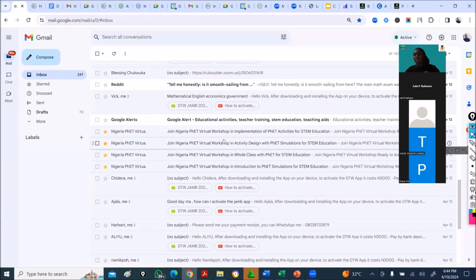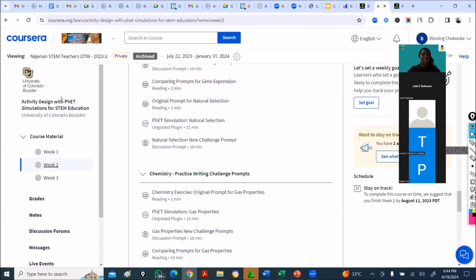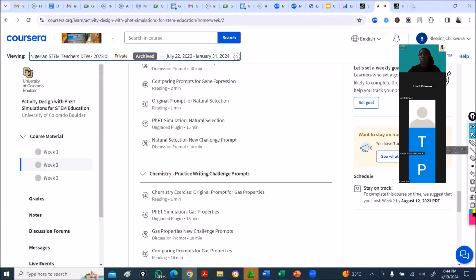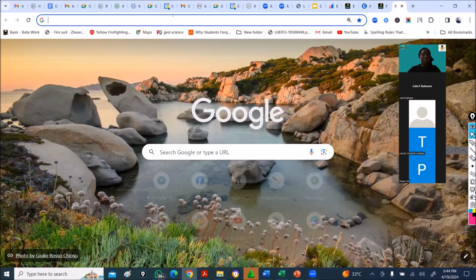So when you click join, automatically in your Coursera dashboard, it's going to add all those courses. Okay? So then you now go to your dashboard and start. So from here now, this is activity design. Let me quickly show you how introduction looks like.